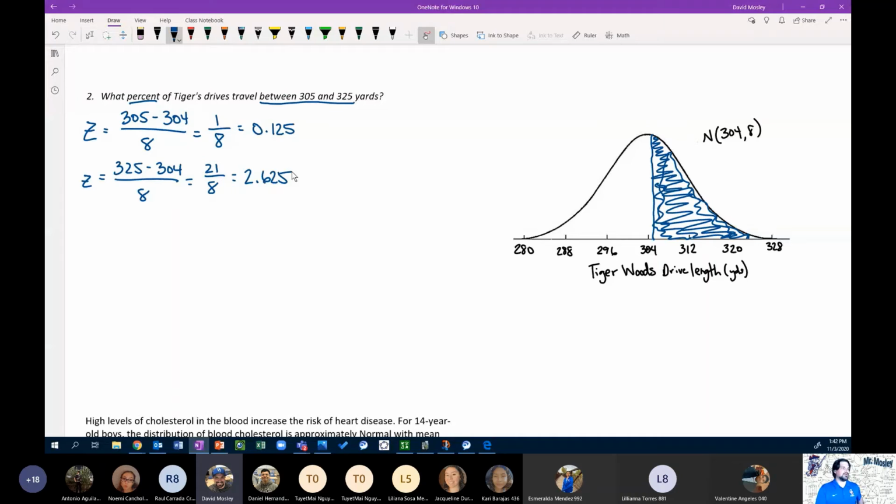Yep. All right. So these are our z-scores for table A.